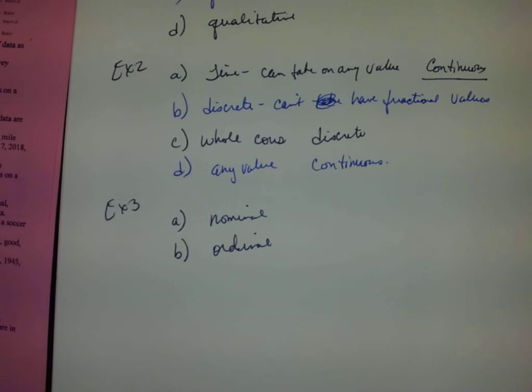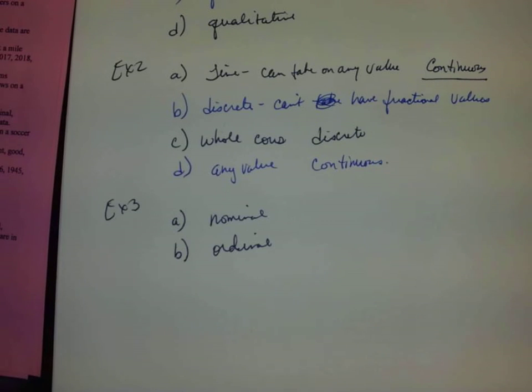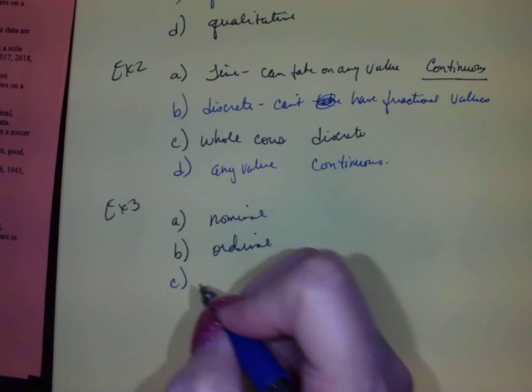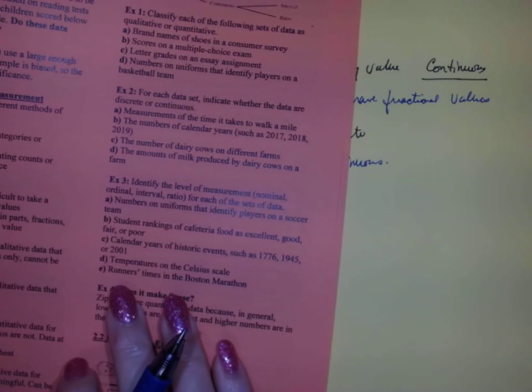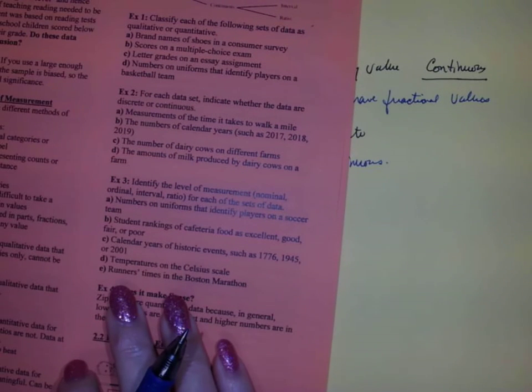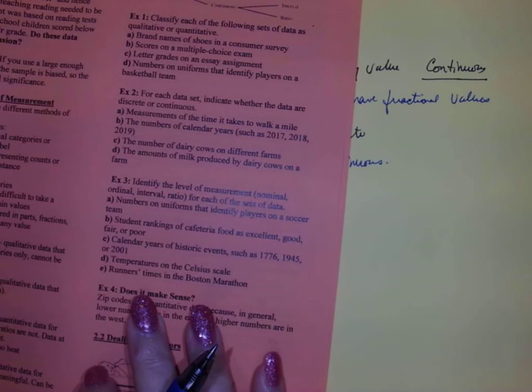Part C, the calendar years of historic events, such as 1776, 1945, or 2001. So again, these are similar to what we were looking at, but we're looking at a little bit further. An interval of 1 calendar year always has the same meaning, but ratios of calendar years don't make sense because the choice of the year 0 is arbitrary.